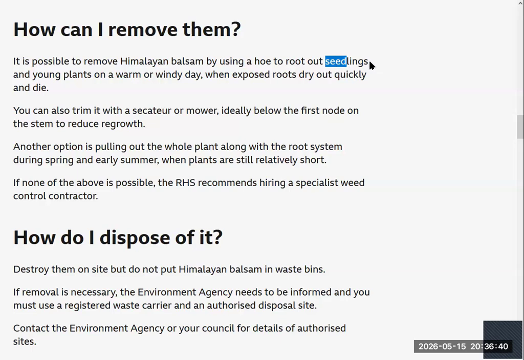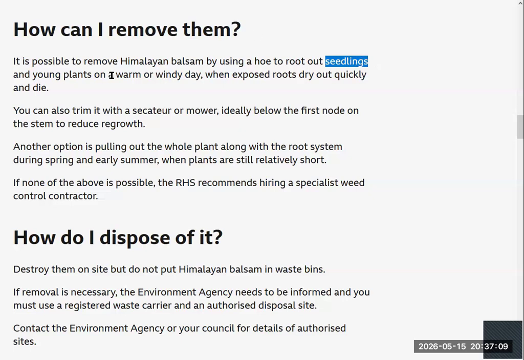So a seedling is a very, very small plant. It's just coming out of the seed, just coming out of the soil, and it may just be inches or even smaller than that. Not mature, just almost just born, effectively, just coming out of the ground.